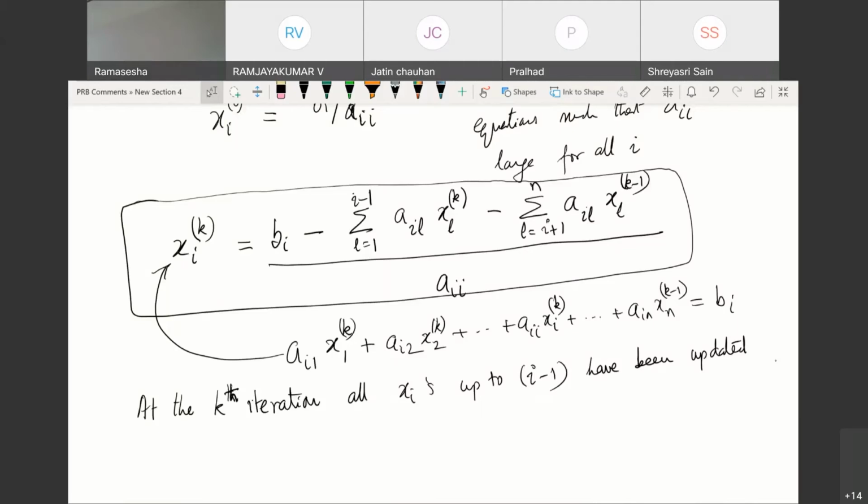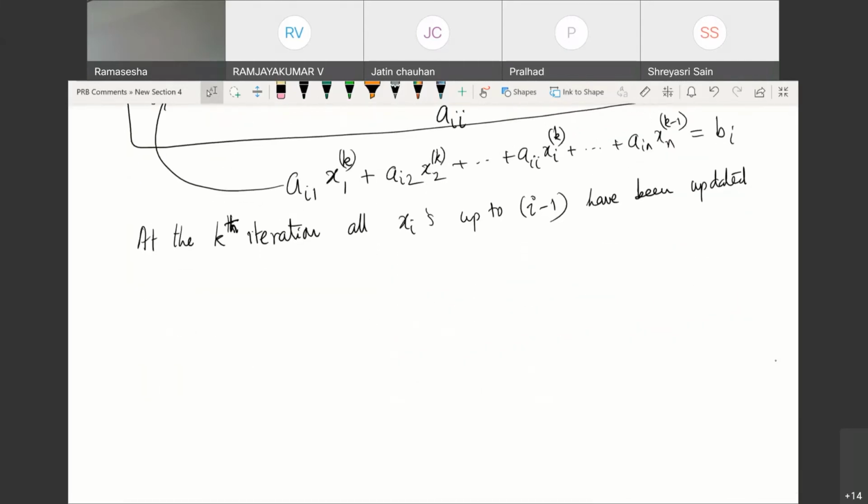So this is how you do the iterative solution. But there are techniques much superior to what I have shown you. I'll give you an example of such a technique for solving the inhomogeneous system.